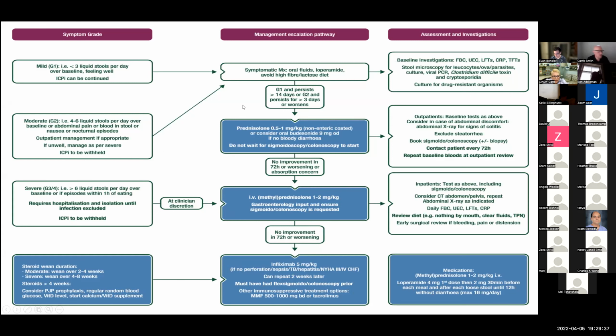So if somebody has 4 to 6 loose bowel movements, you give them fluids, they take loperamide, you do some baseline lab work, you make sure you rule out infections, and most of those patients, these symptoms will resolve. However, if they persist or get worse or become more than 6 loose bowel movements, then we start them on steroids, usually as an outpatient, it'll be prednisone. We get GI involved.